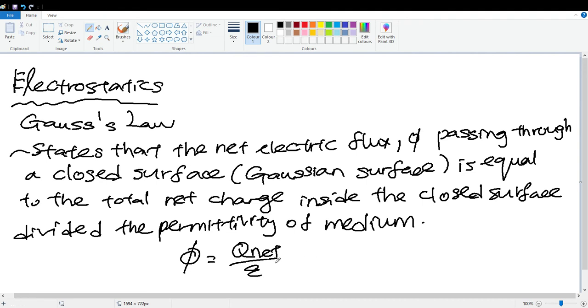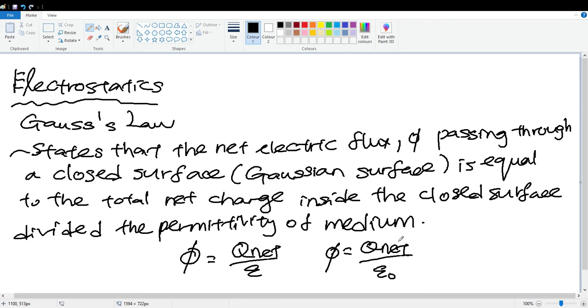Different mediums have different permittivity. If the experiment is conducted in a vacuum, we have the permittivity of vacuum, which is epsilon naught.